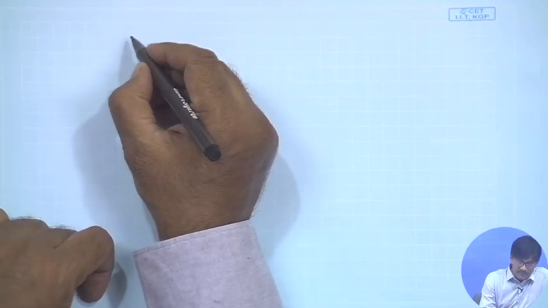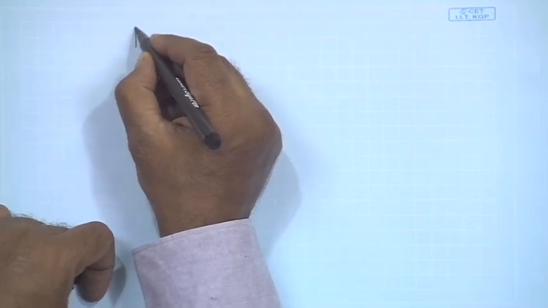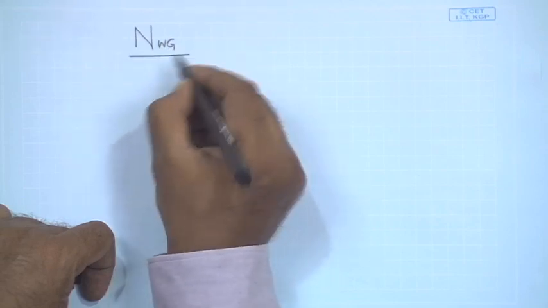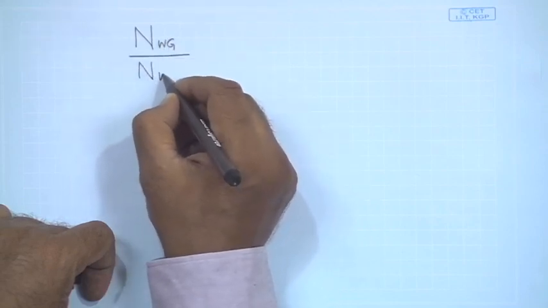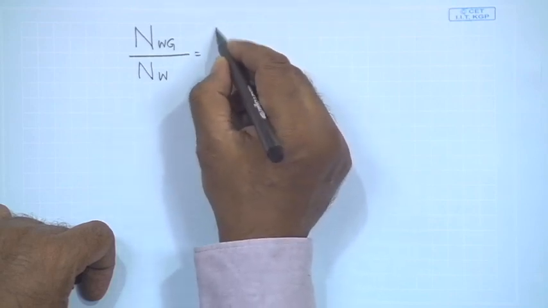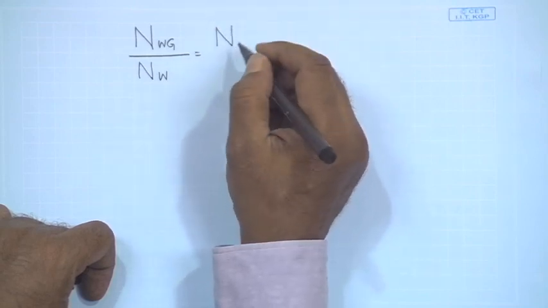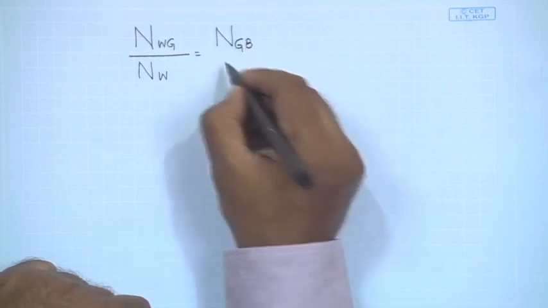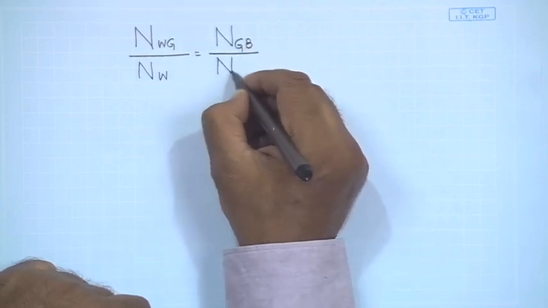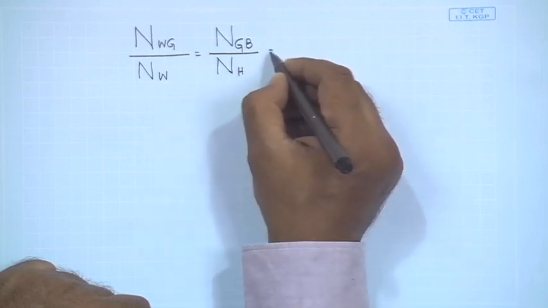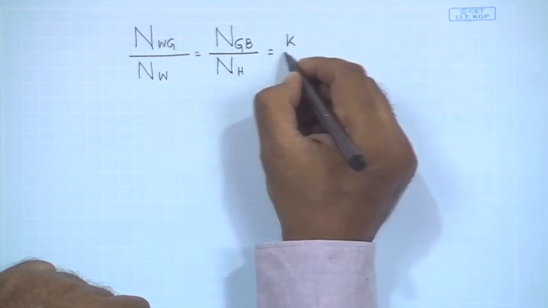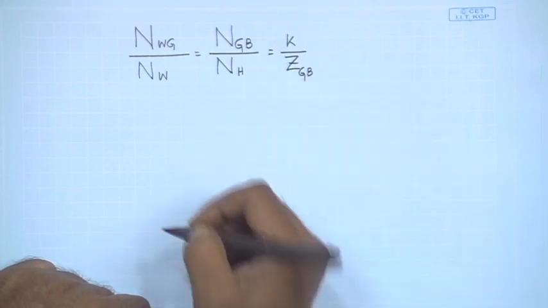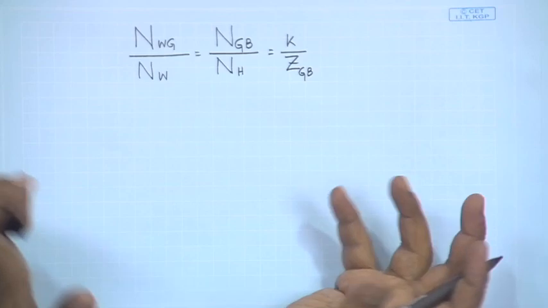If we come to the piece of paper, we have n gear blank divided by n hob equal to K by Z gear blank. This is accepted, K by Z.